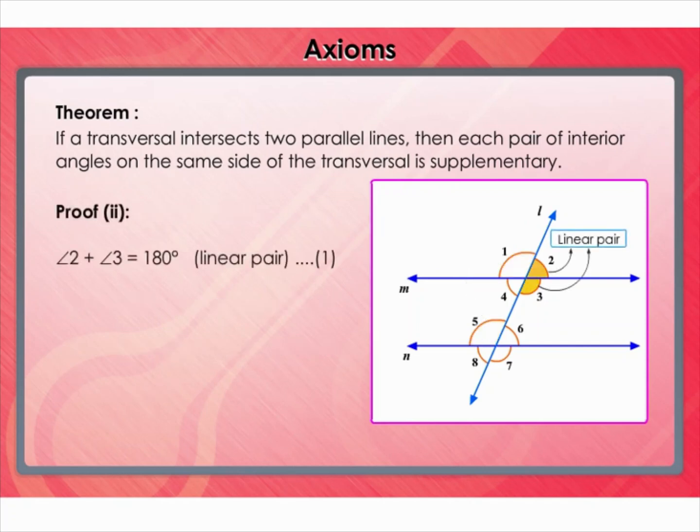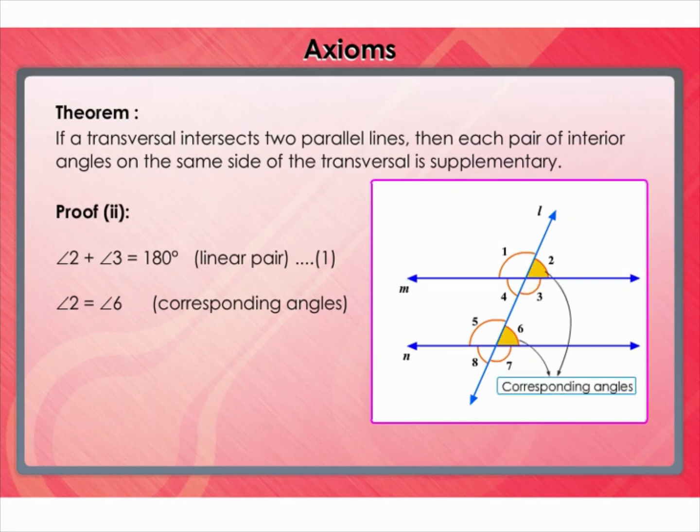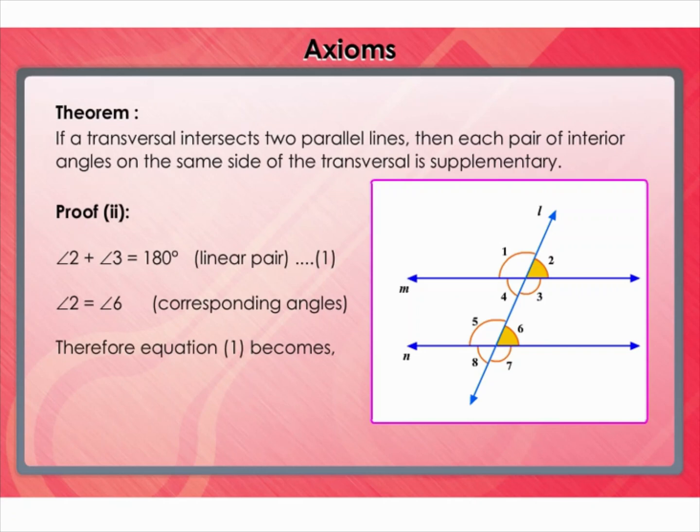Proceeding on to the second part, angle 2 plus angle 3 is equal to 180 degrees. Also, angle 2 is equal to angle 6 as they form a pair of corresponding angles. Using this, equation 1 becomes angle 6 plus angle 3 is equal to 180 degrees.